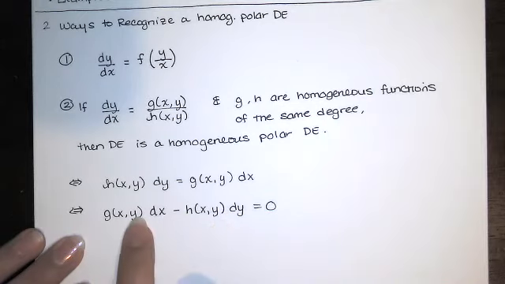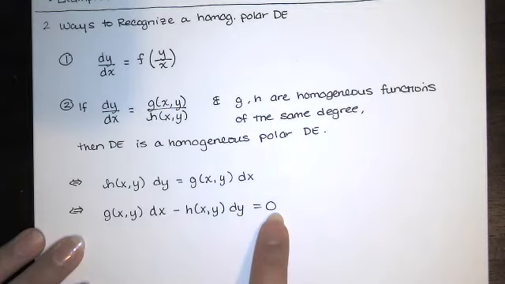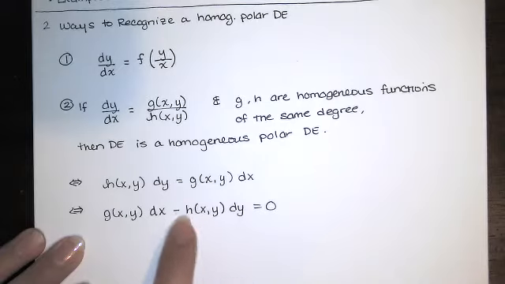So you've got some function of x and y times dx plus a function of x and y times dy equals 0. And don't worry too much about that sign. I could have a plus there because that negative could be distributed in here.